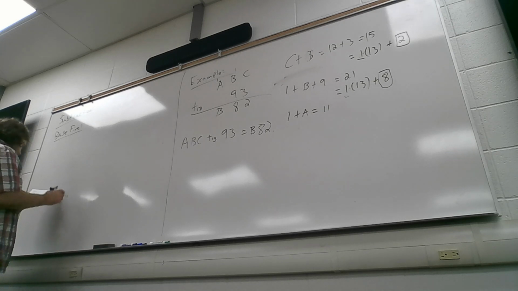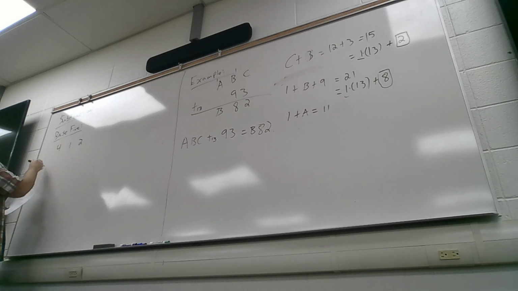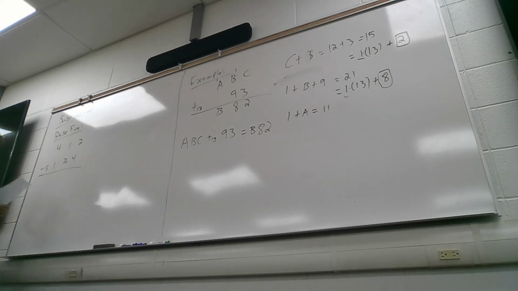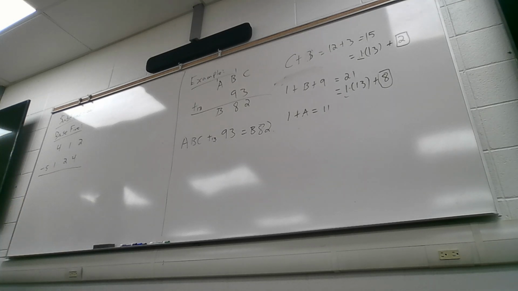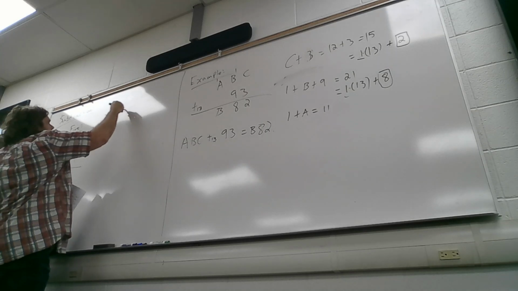So this is what we've got. The way this works, if we were working in, say, base 10, is we want to do 2 minus 4, right? Which we can't do.